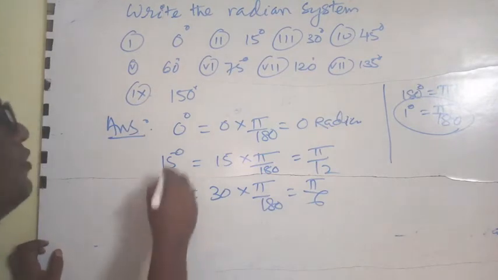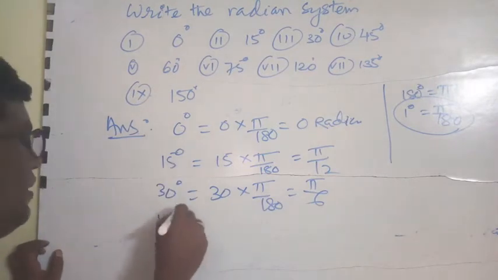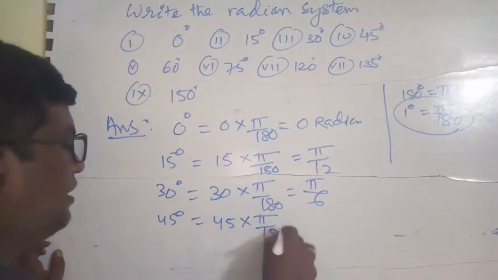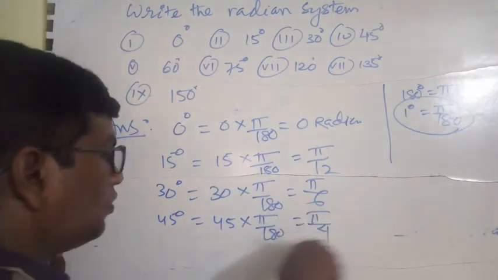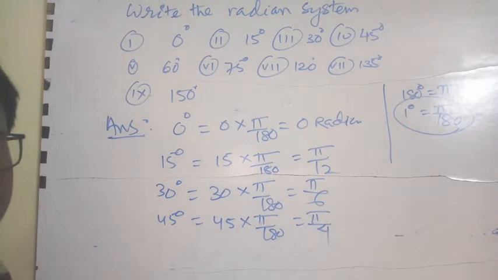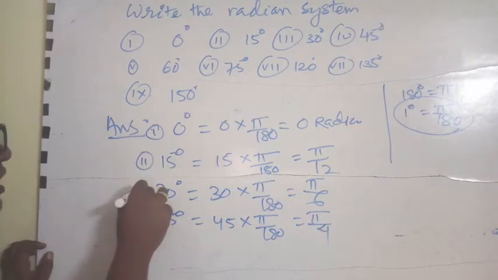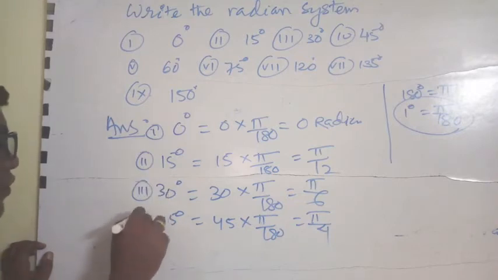And 45 degree is equal to 45 into pi by 180, that is pi by 4 radian.